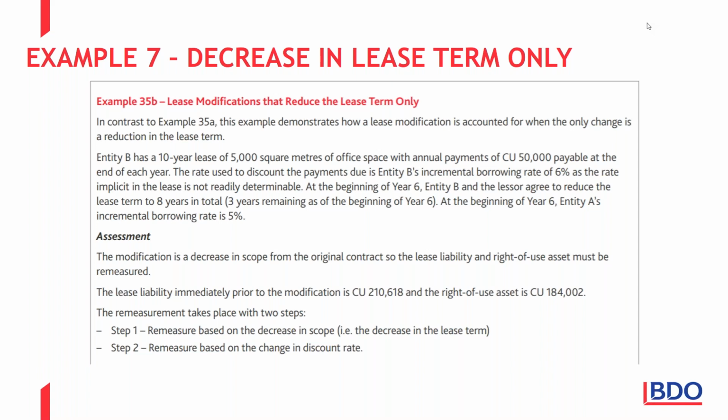And another thing that's interesting here, we've previously dealt with a shorter lease term, and that was an example too where we decided that it's no longer reasonably certain to use the second extension option. In this case, it's different. It's not a reassessment. We're not changing our mind.